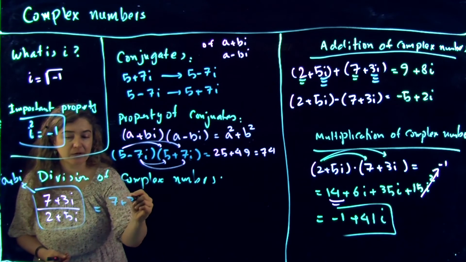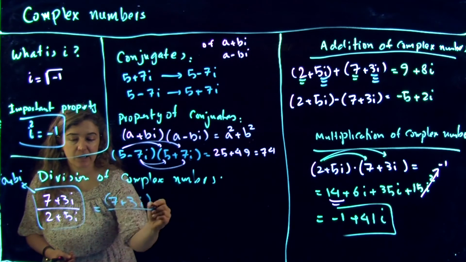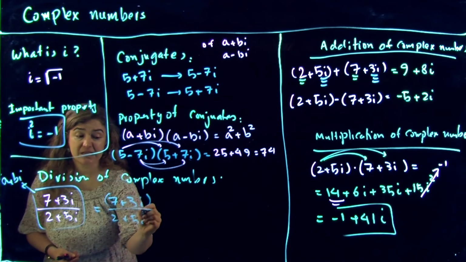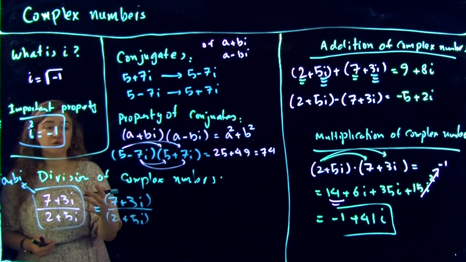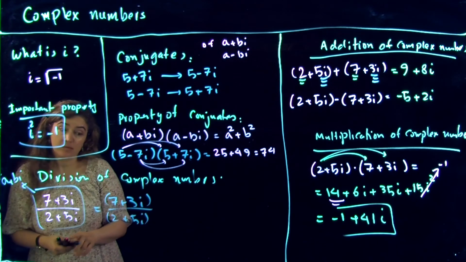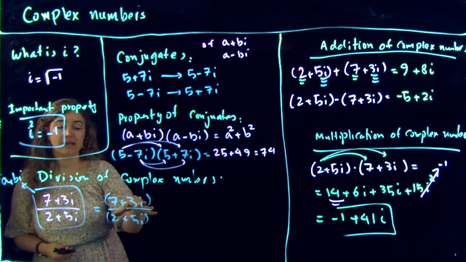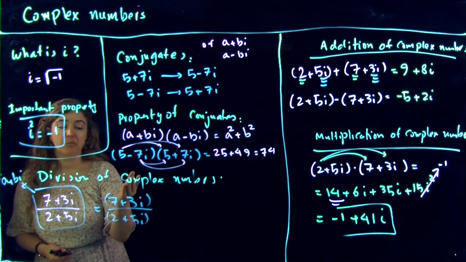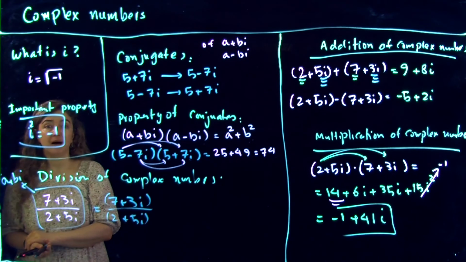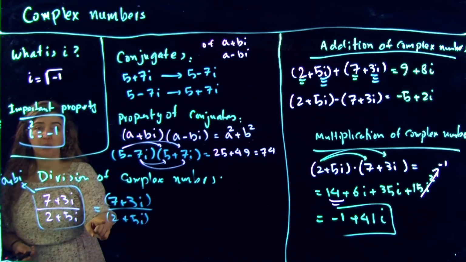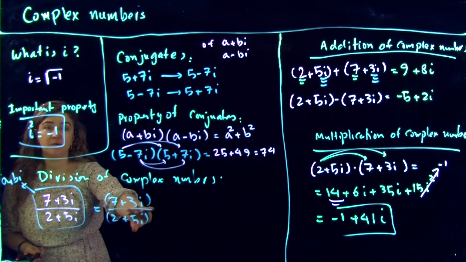So what do we do? Can I just randomly multiply by the conjugate? Obviously not. So what I do is put another costume over this, by multiplying both top and bottom by the conjugate of the bottom. So the bottom becomes real.